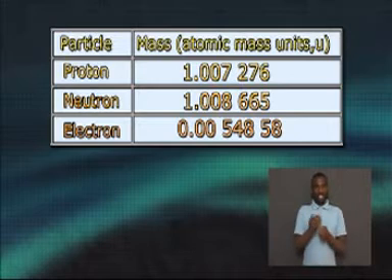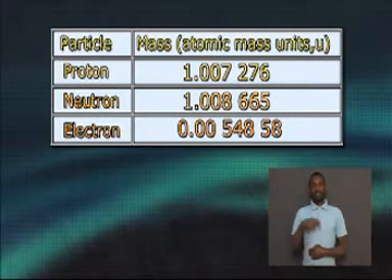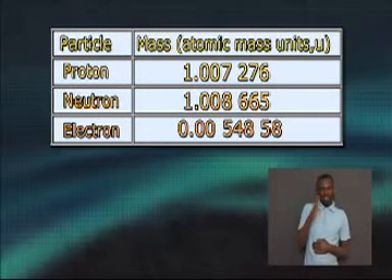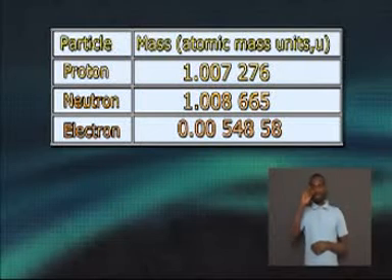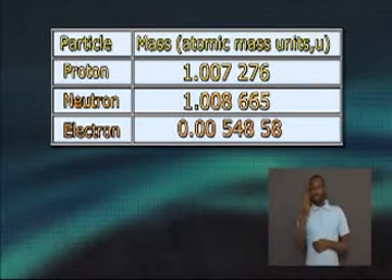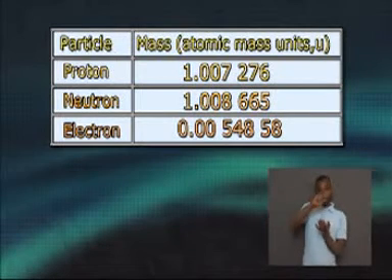Using these measurements, please find the mass deficit for a carbon-12 nucleus. A carbon-12 nucleus has 6 protons and 6 neutrons.